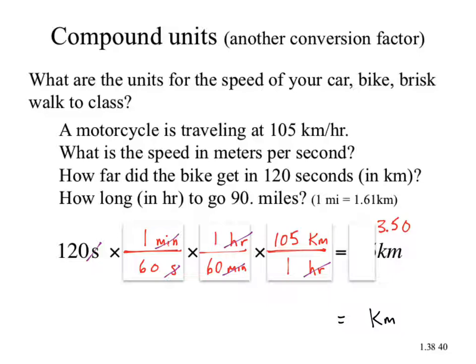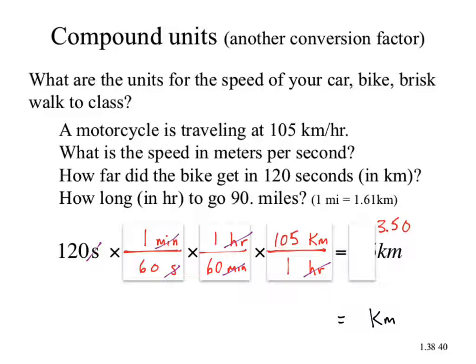Okay. Do I have to start with the 120 seconds? No. In fact, I would make the argument that it doesn't make sense to start with 120 seconds. It makes more sense to start with 105 kilometers per hour. Why? The answer I want is kilometers. What does 105 give me?